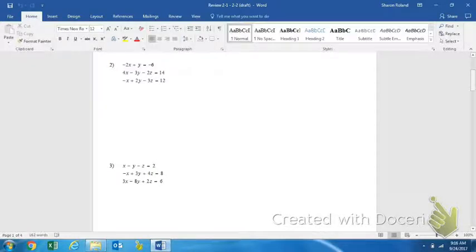Okay, we have to solve for a variable first. And so in that top equation, you have negative 2x plus y equals negative 6. I'm going to add 2x to both sides. And then I have y isolated.